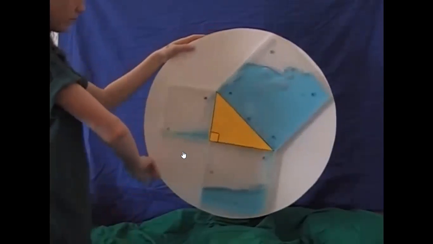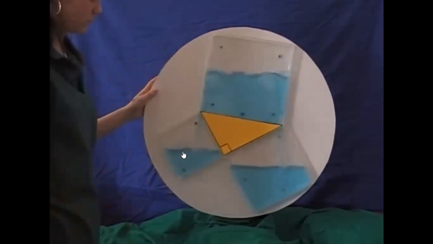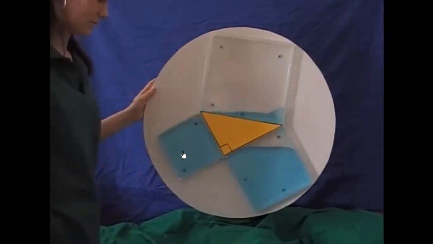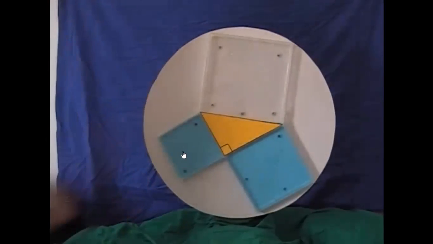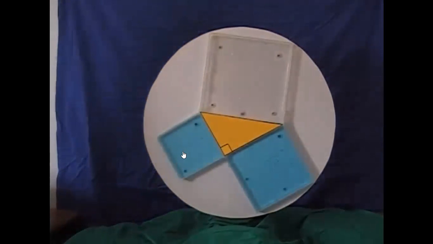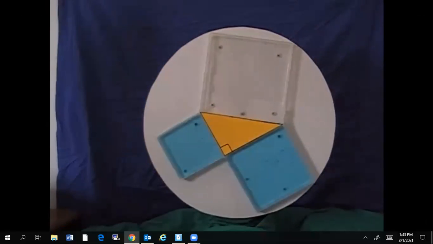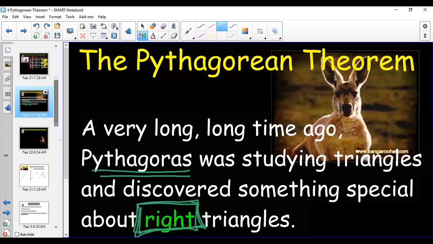And if he flipped it back over, again, it would fill perfectly. And when I say perfect, I mean exactly perfect. Not even a little difference. They were exact. And not only did it work with this triangle, he discovered that it would work with all right triangles. Okay, so then we can use that to help us now find a missing side of a triangle.